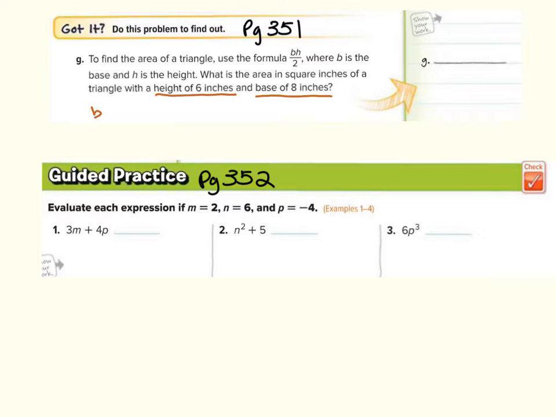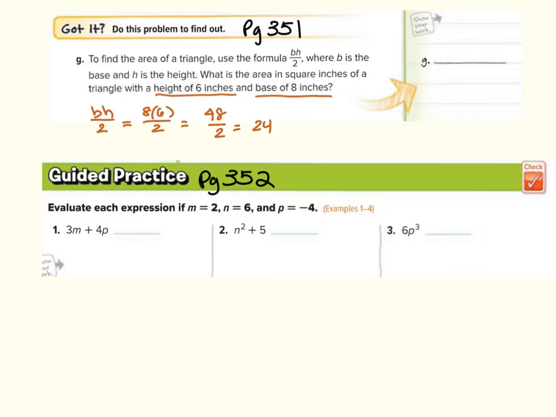So I'm going to write it down here. Whatever I write on here, I need you to write in your book, please. So this is going to be 8 times 6 over 2. So 8 times 6 is 48. And then we divide that by 2, and you get 24.